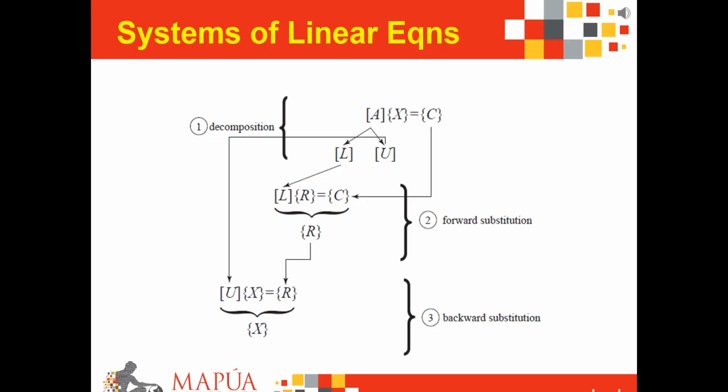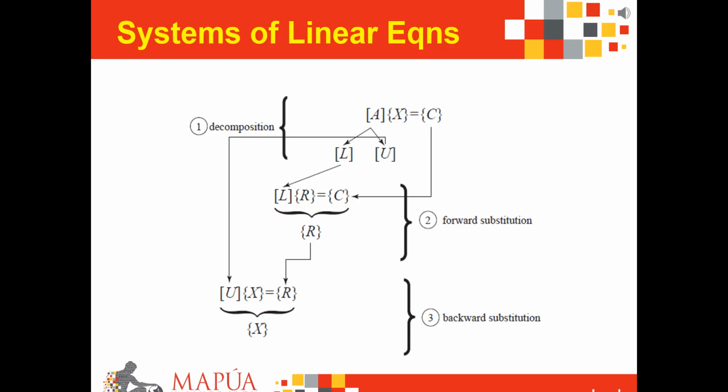After solving for matrix R, we then revert back to our first assumption, whereby matrix U is multiplied to your matrix X, equated to your matrix R, and solve for the unknown variable matrix X by using this time backward or reverse substitution, starting from the last equation and reverting your given matrix form into a standard linear equation form.